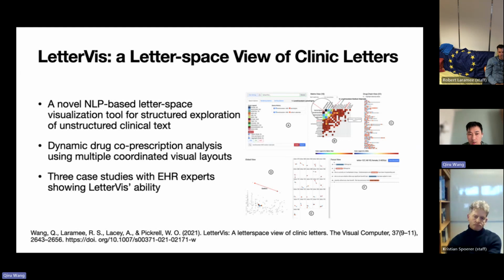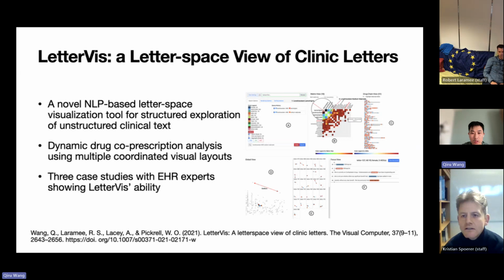We gathered requirements from them and used their feedback to improve the work. And nobody has ever used this form of visual design to assist hypothesis generation using unstructured text data. So is this new approach better?